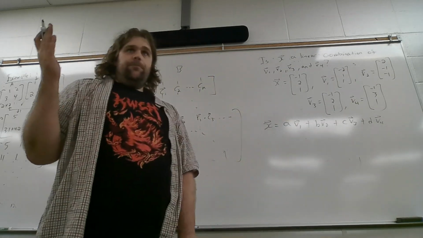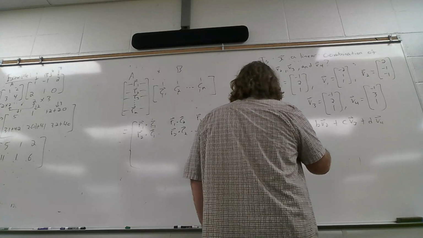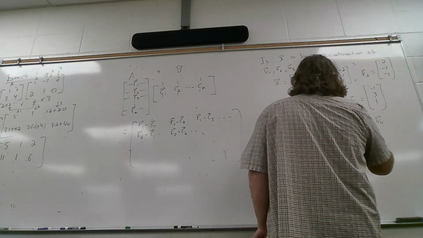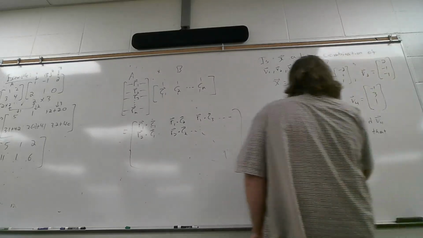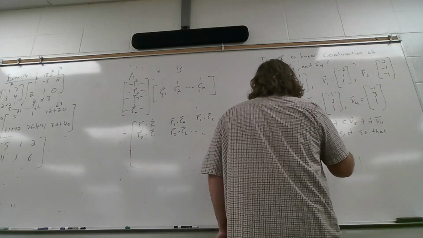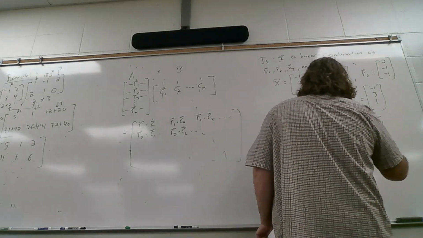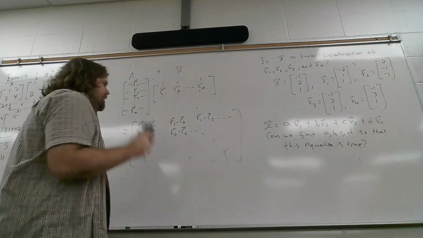Right? So can we find A, B, C, and D so that this equation is true? So we just want to solve for these variables, right? A, B, C, and D.